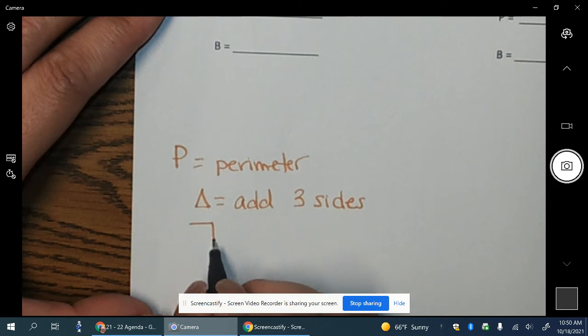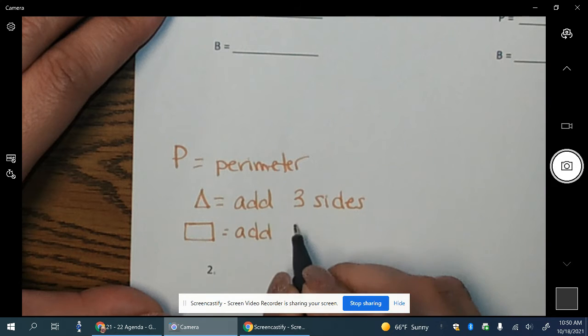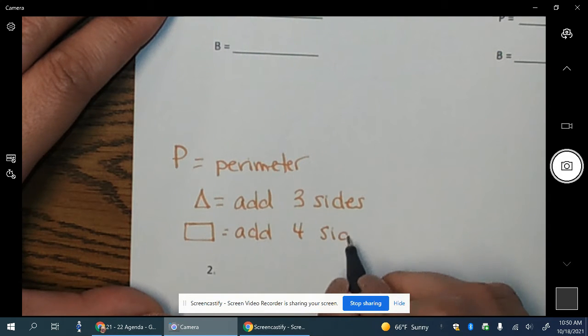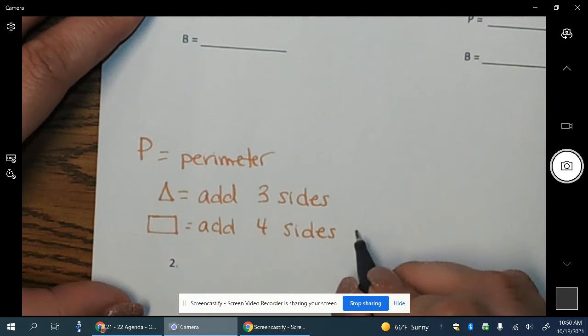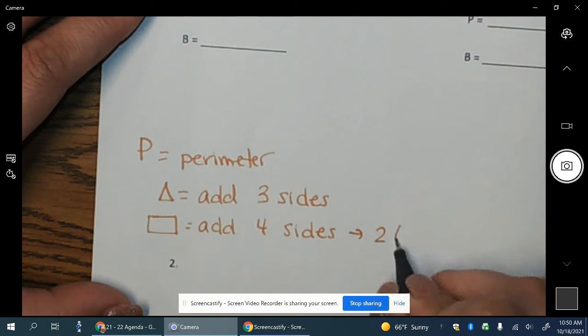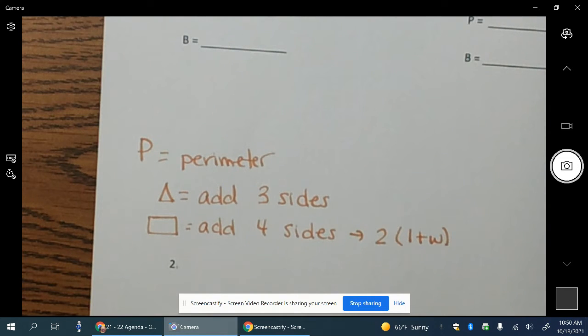For the perimeter of a rectangle, what are we doing? Add 4 sides. Now, some people would like to add the side and then multiply by 2. Is that okay? Yeah. Okay, if that confuses you, just add all 4 sides.